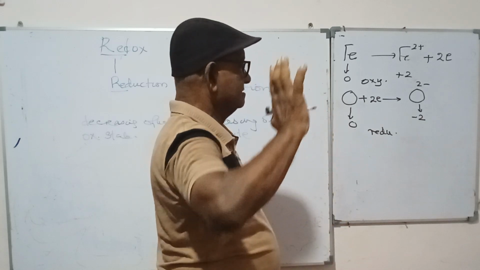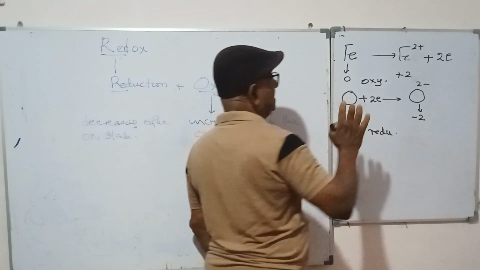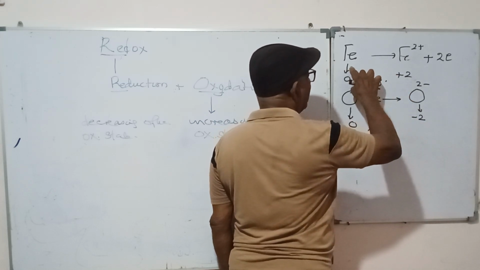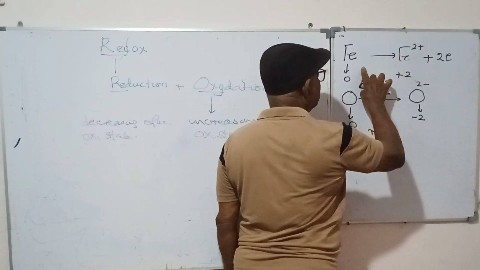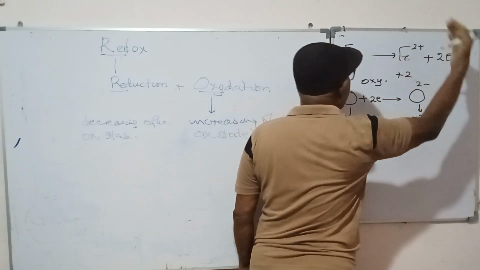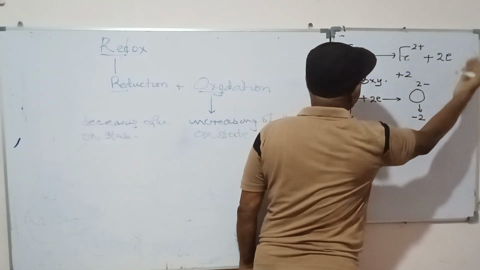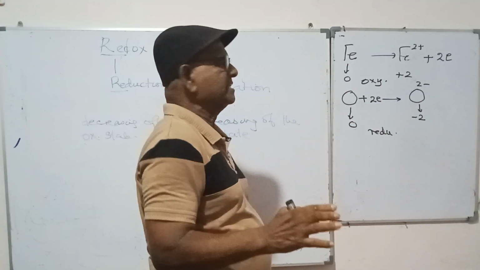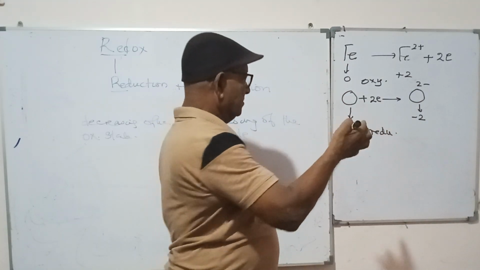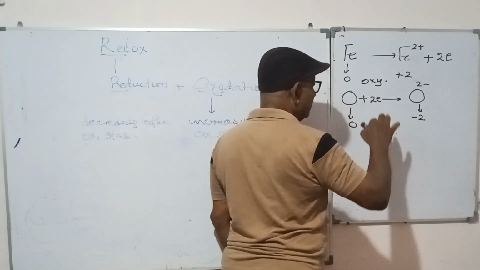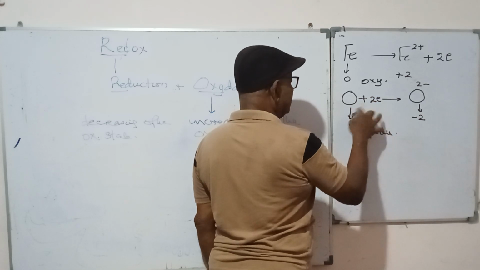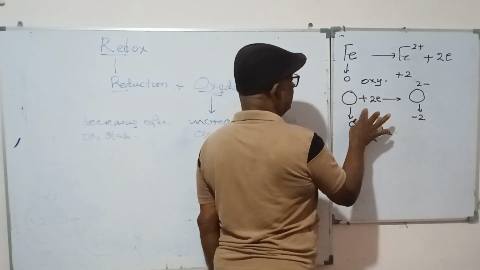Then you must keep in your mind, always when we write the half reaction for the oxidation, electrons should be added to the right side. It never changes, to the right side. During the reduction, electrons should be added in the half reaction equation to the left side.